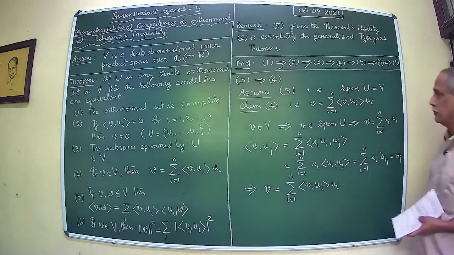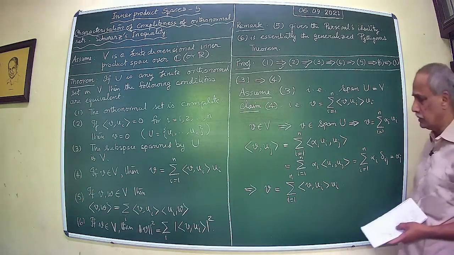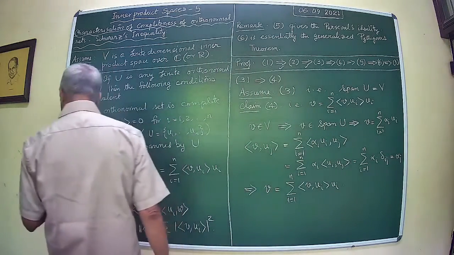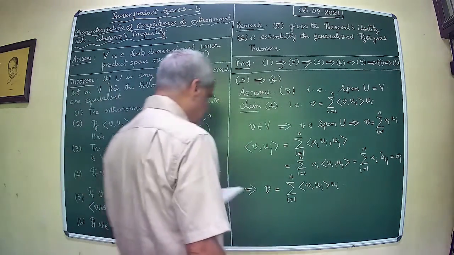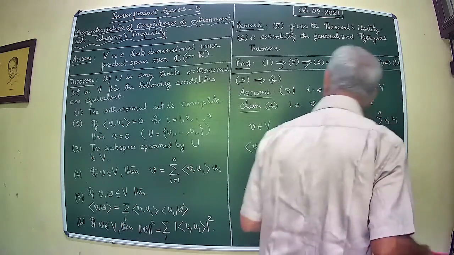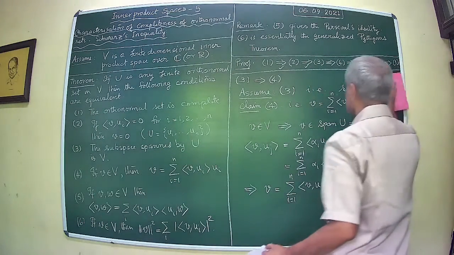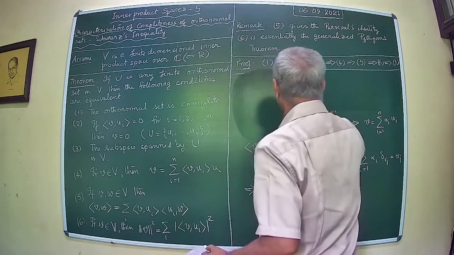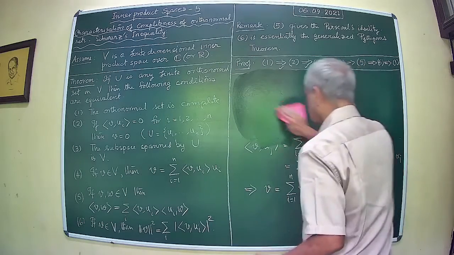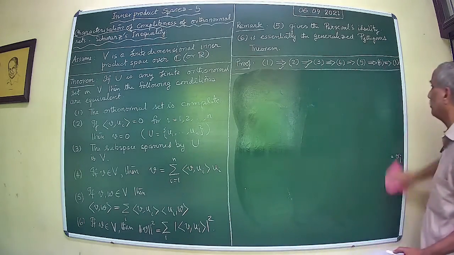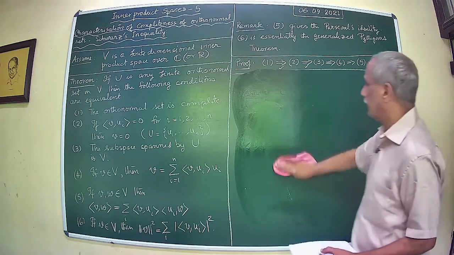So that completes the proof of 3 implies 4. Now let us prove 4 implies 5. So we have completed the proof of 3 implies 4.